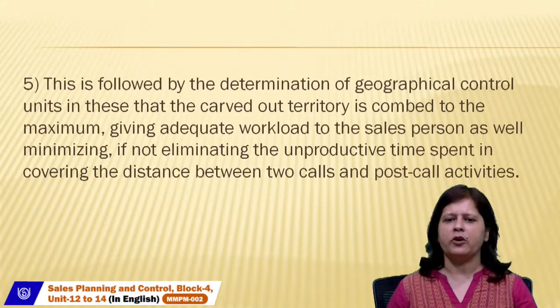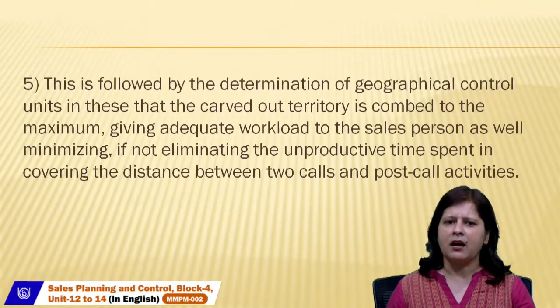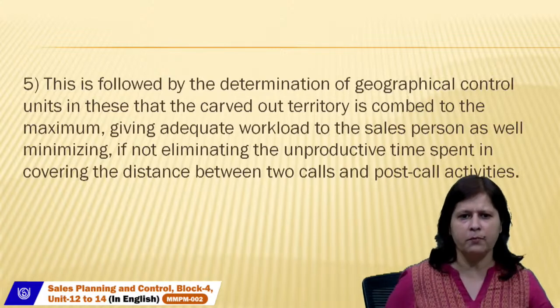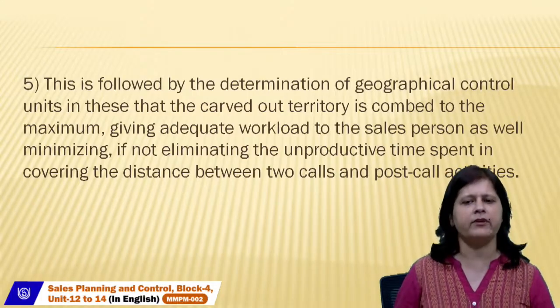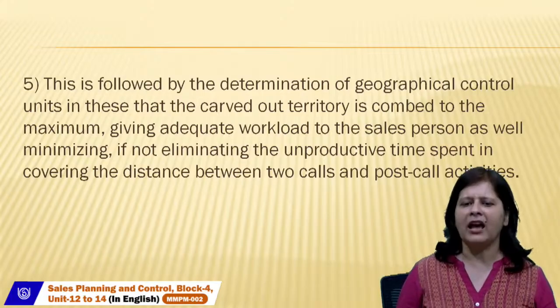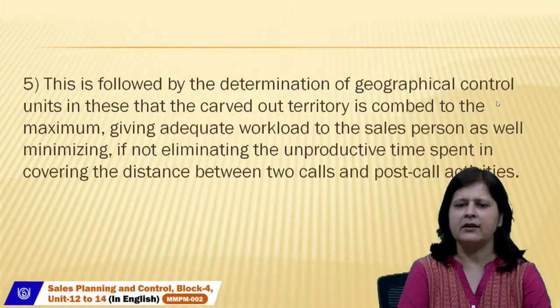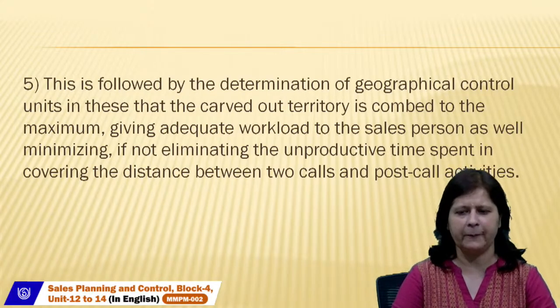This is followed by determination of geographical control units, in which the territory is carved out to maximum effect, giving adequate workload to several salespersons as well as minimizing, if not eliminating, the unproductive time spent in covering the distance between two calls and post-call activities.